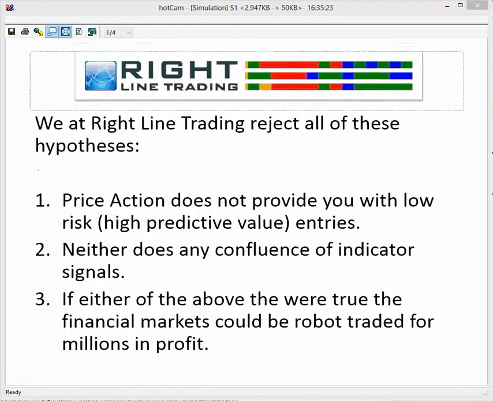Now, what we've done here at Rightline is we sort of reject all these hypotheses and accept them all at the same time. We believe that they all need to be combined. We don't believe that price action provides you with enough predictive value to become a successful trader.